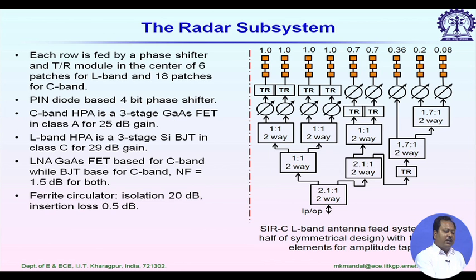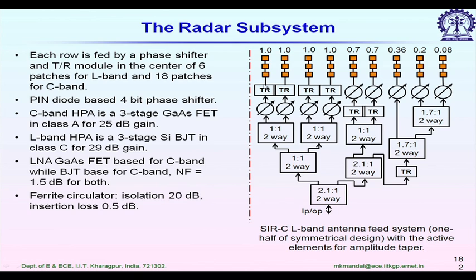I will give you one more example. This is a typical antenna array with accessories used for a synthetic aperture radar system. These orange color patches you can see form one array antenna. It is being used for both transmission and reception. It is followed by the TR module.